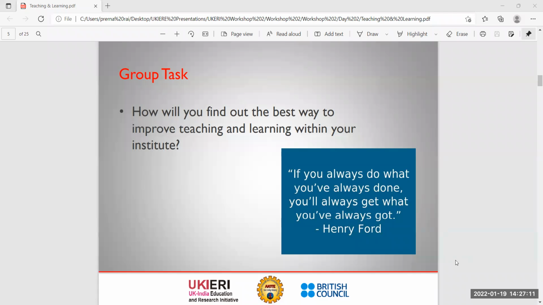Another thing, ma'am, which I was thinking about: I am from a computer science background. Previously, when we were students, the teachers came to our classroom and just taught us, saying you have to write void main first, then they wrote the programs, executed them, and the programs went on like this.